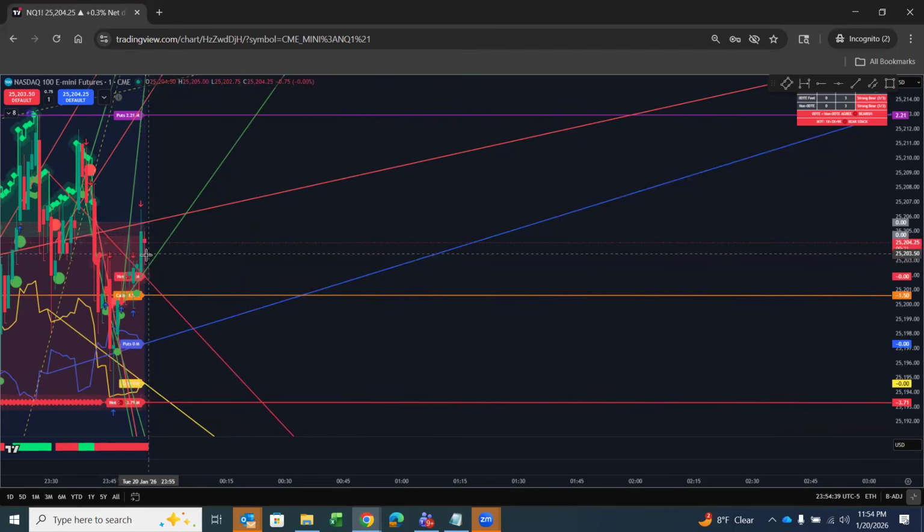But this candle closed its own fair value gap. It's the space between where a candle opens and closes, but where it closes is the bottom of the fair value gap, and where it opens is the top of the fair value gap.